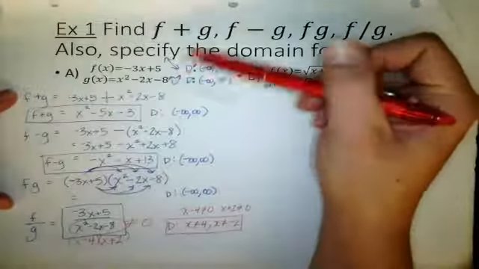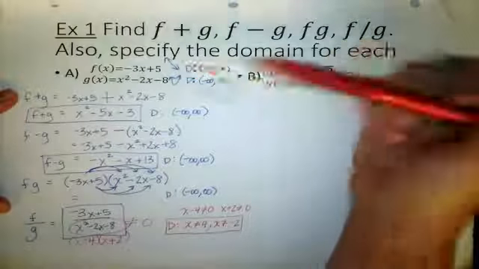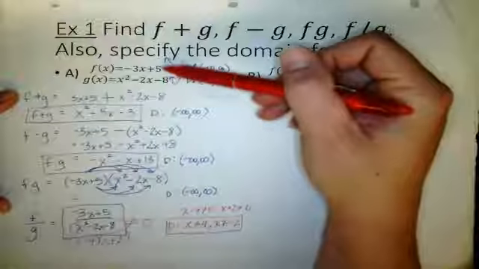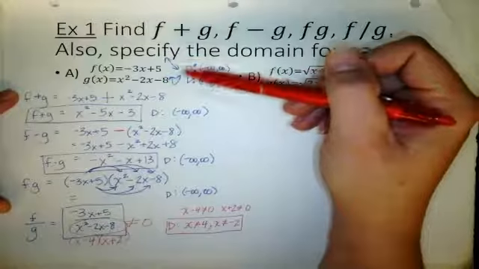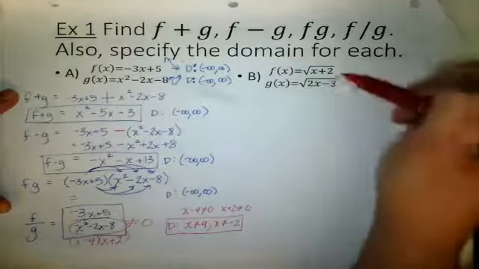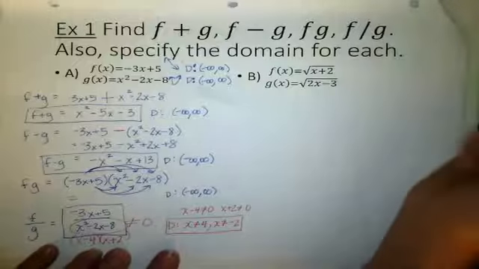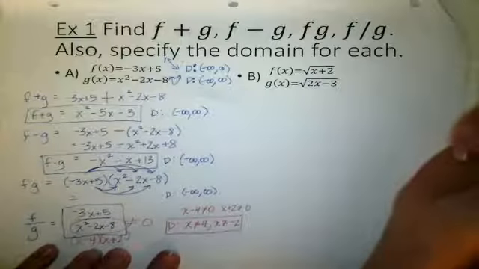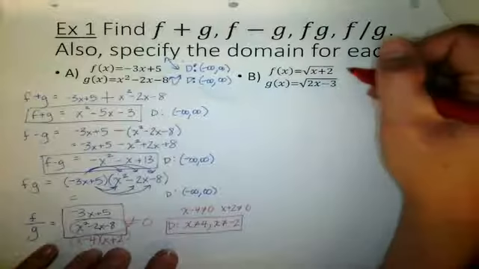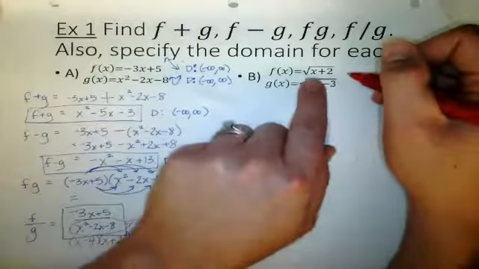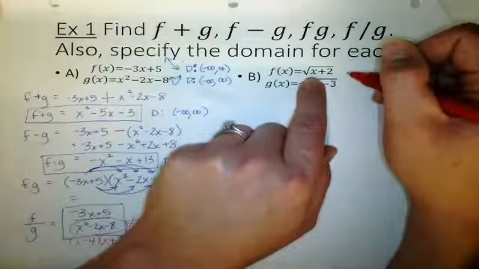Oh, you guys are great. Okay. These were polynomials, and most of that stuff is pretty easy. Things get more complicated with these square root functions. So let's talk just briefly. I cannot take the square root of negative numbers.